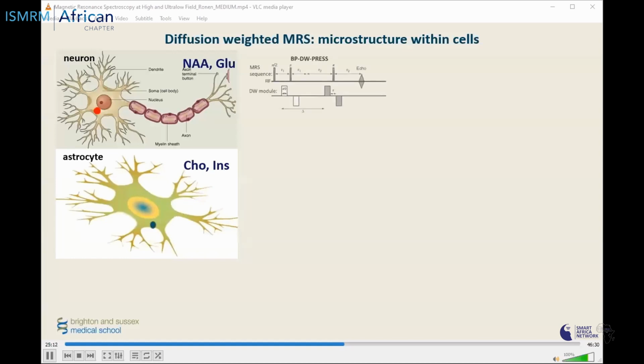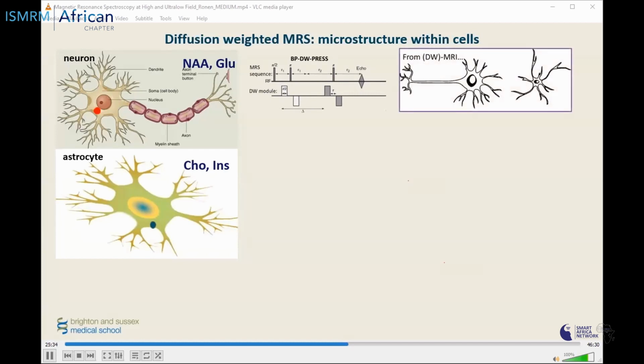And in order to do that, all we need to do is essentially take our spectroscopic sequence and add diffusion weighting to it. In a very similar way, the diffusion weighted imaging takes standard imaging modalities and equips them with diffusion sensitizing gradients.